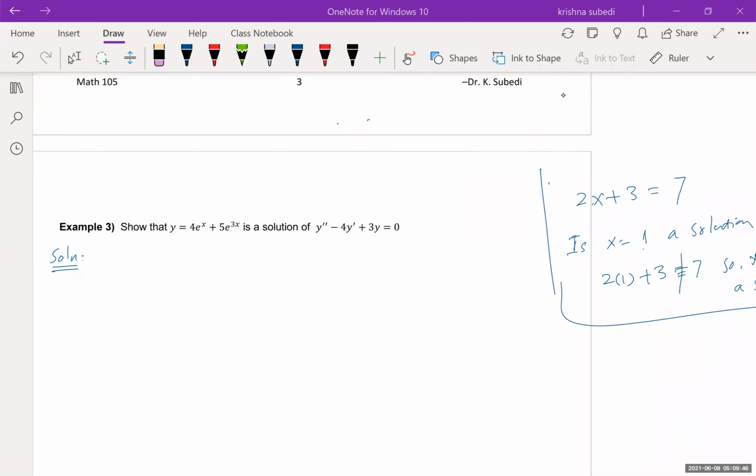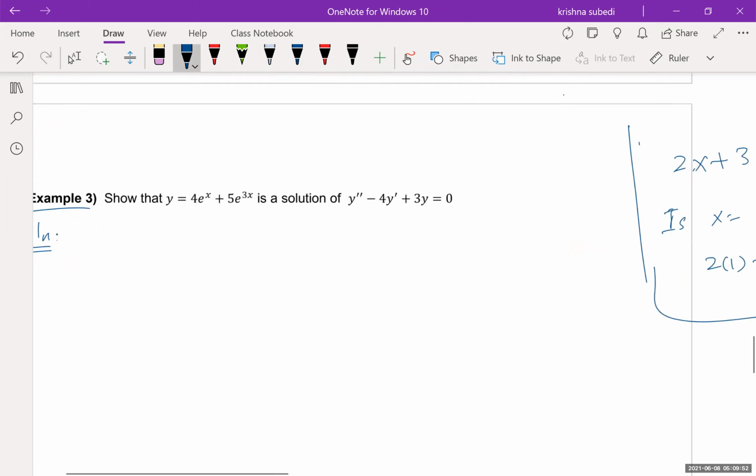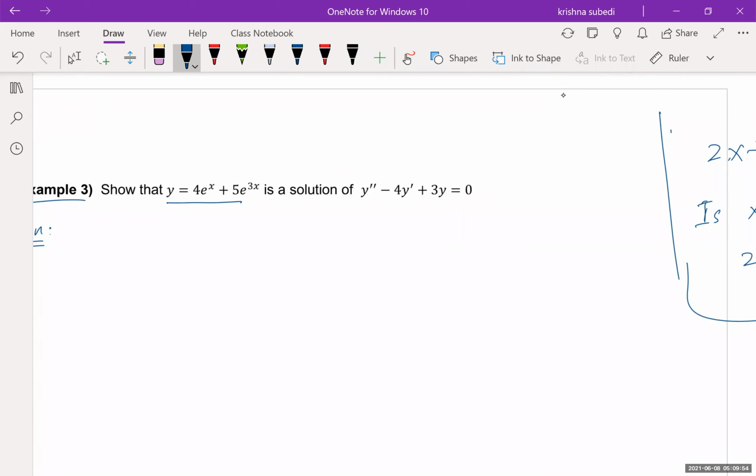So in example 3, I trust that you have already done it, but let's look at this quickly. We want to prove that this one is the solution. What is given here is y equals 4e to the x plus 5e to the 3x. Now you need to find the first derivative, and then find the second derivative.